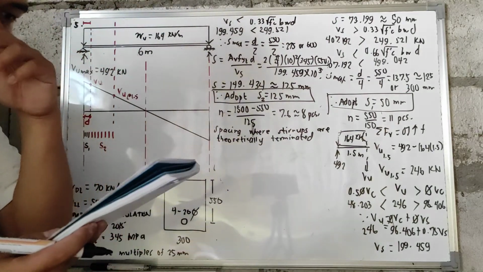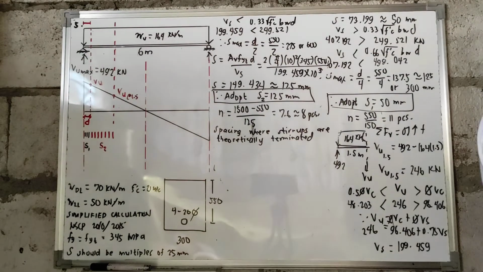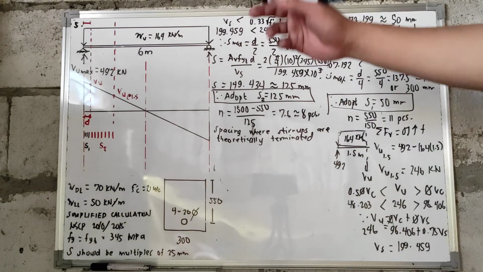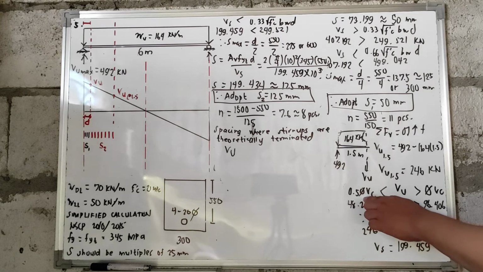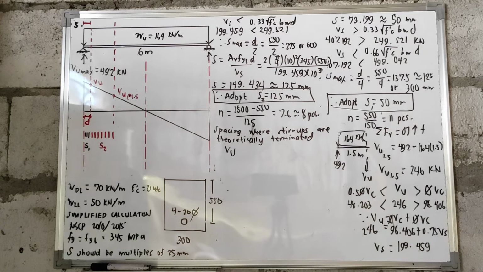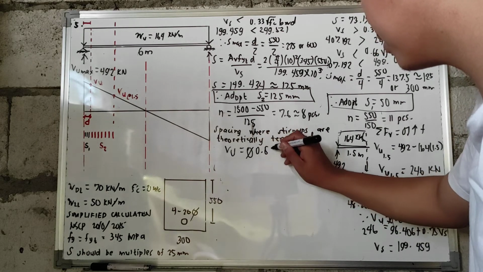So paano naman yung stirrups? Matatandaan natin para malaman natin kung kapag yung VU natin nag-less than siya or equal sa 0.5 PVC. Meaning to say is, wala nang dadalhin pa yung stirrups natin na shear. So, meaning to say, i-equate natin yung V sub U natin to P 0.5 VC.